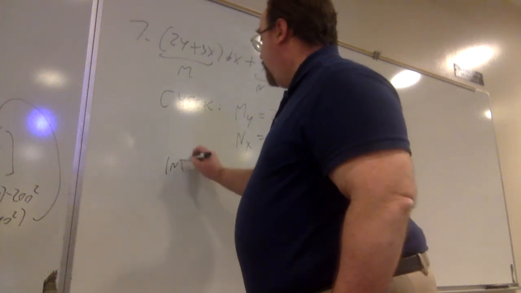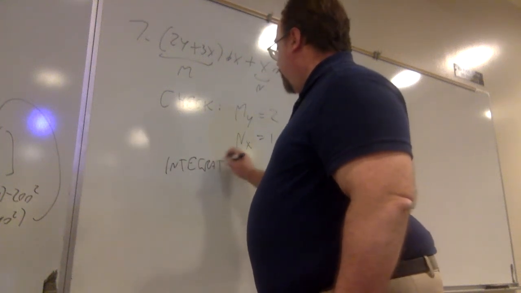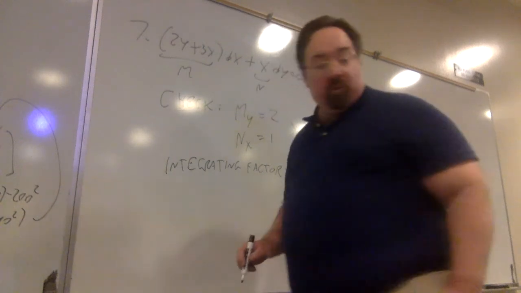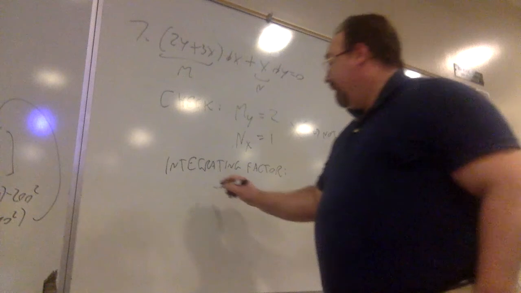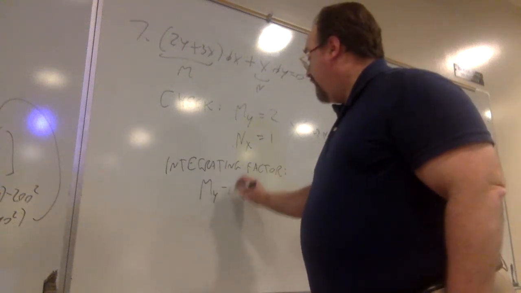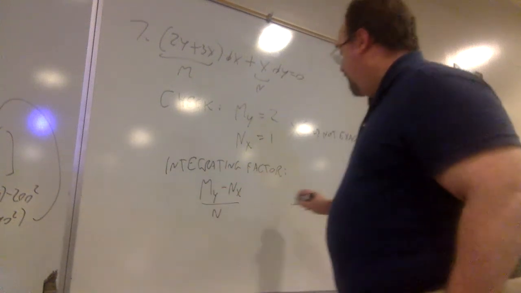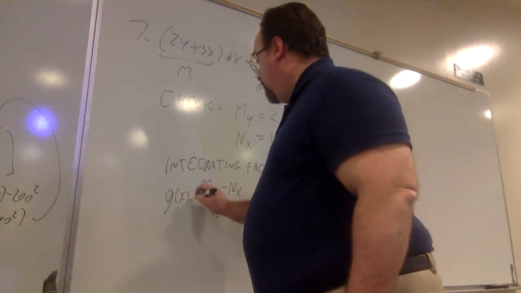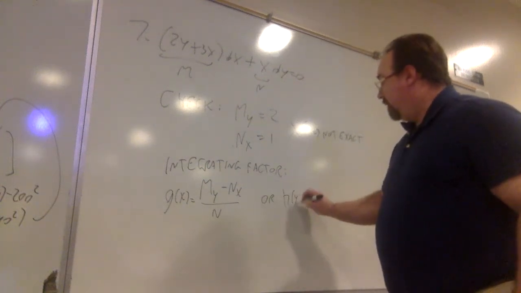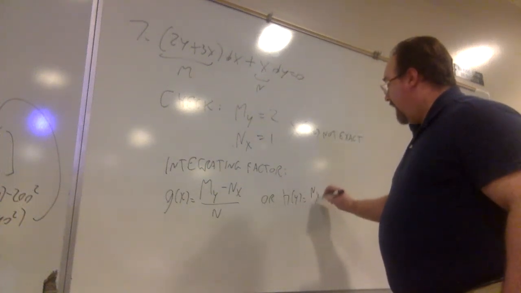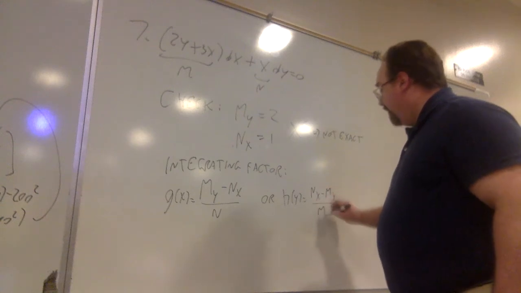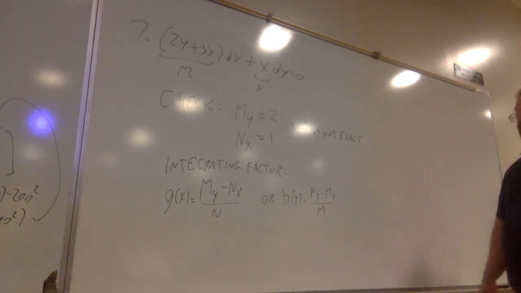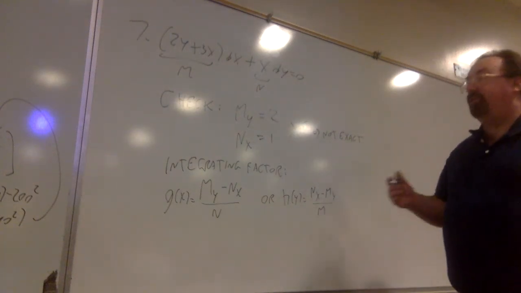So then you try to figure out which integrating factor possibility will work. So there's (My minus Nx) over N, and this has to be a function of x, or (Nx minus My) over M. Go ahead and fill in both of these and see which is a function of the correct variable.